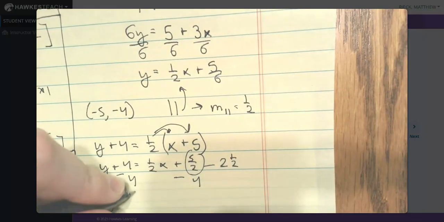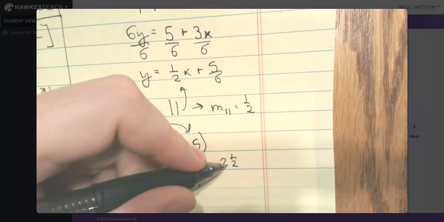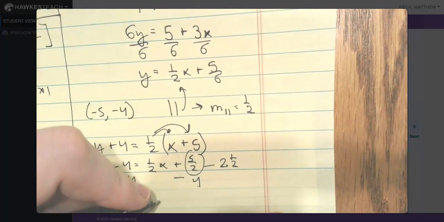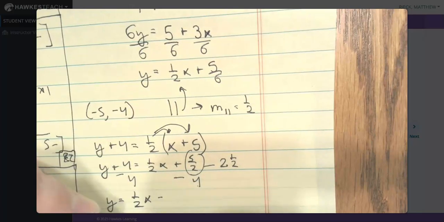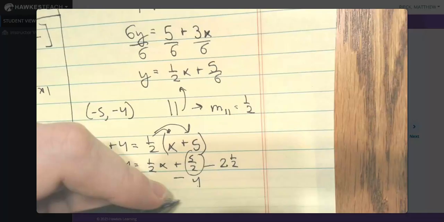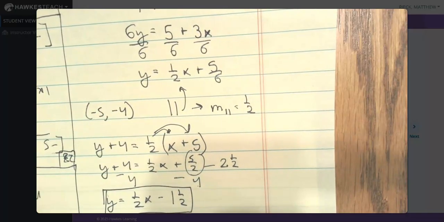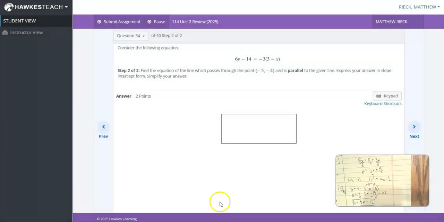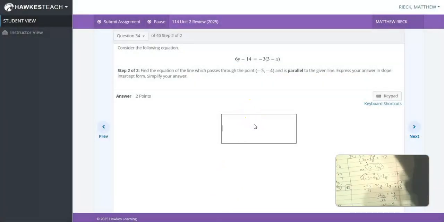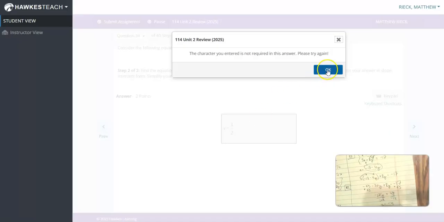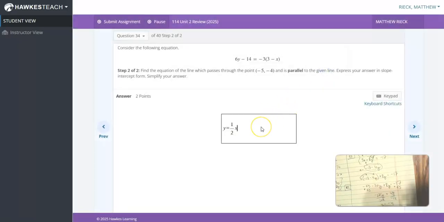So we have y equals 1/2 x, and then 2.5 minus 4, that's going to be minus 1.5. We'll see if it likes that. y equals 1/2 x minus 1.5.